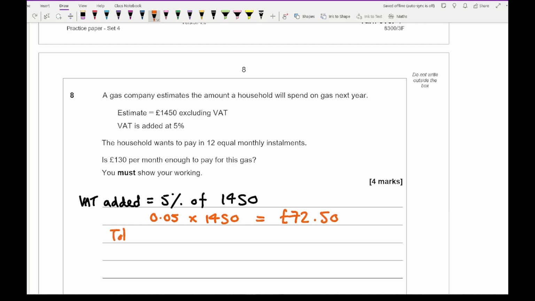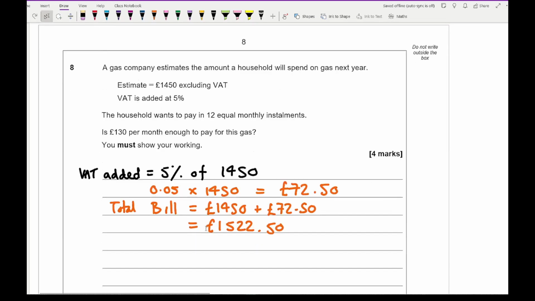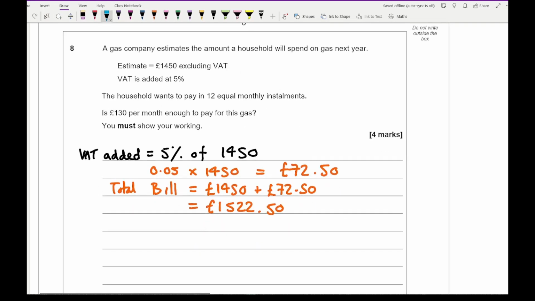So that means that the total bill is going to be 1,450 plus the VAT amount, which is £72.50, which comes up to a grand total of £1,522.50.